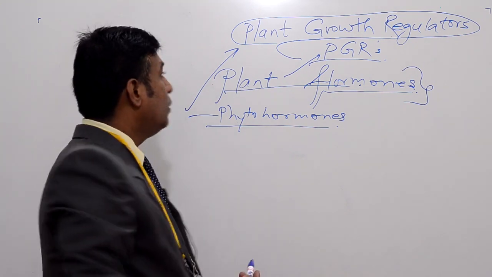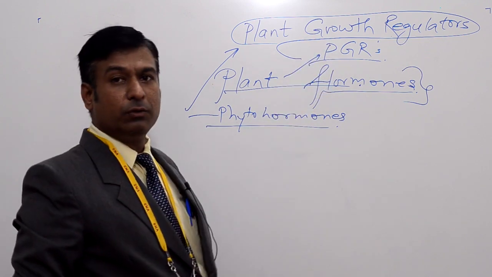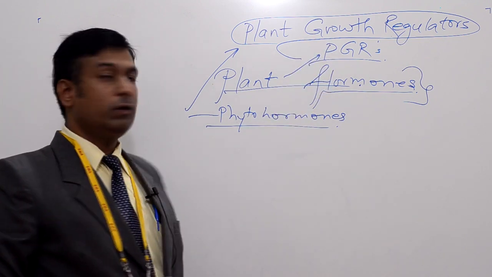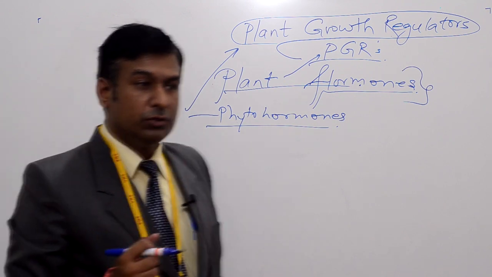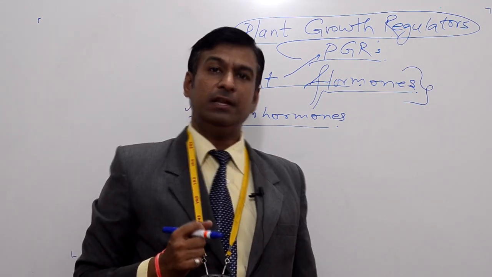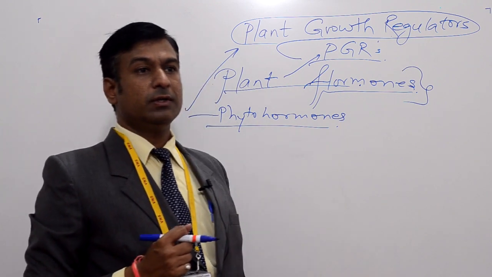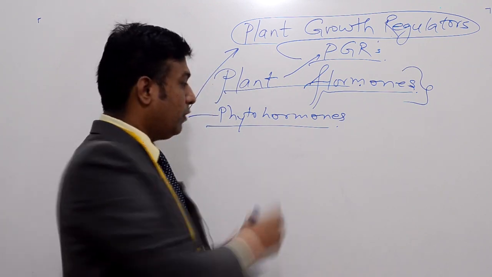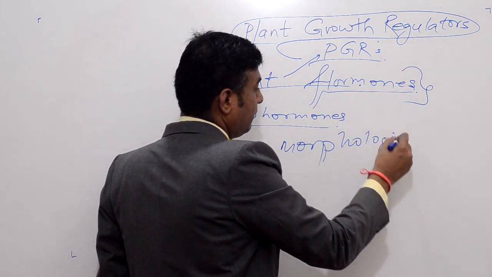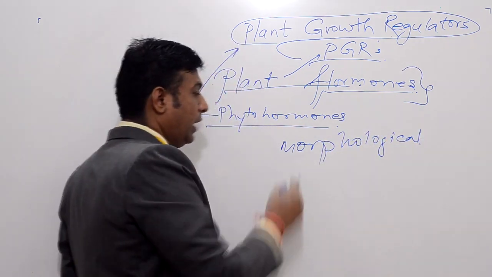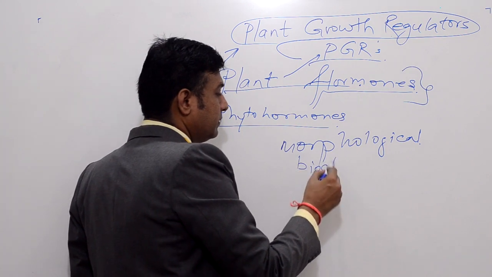So what are plant growth regulators? Plant growth regulators are organic compounds which in a very small amount show changes in morphological structures and biochemical reactions.